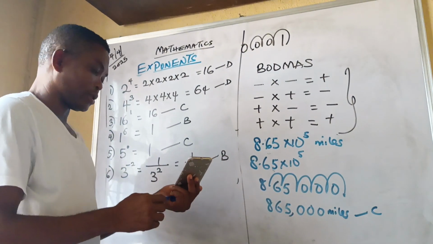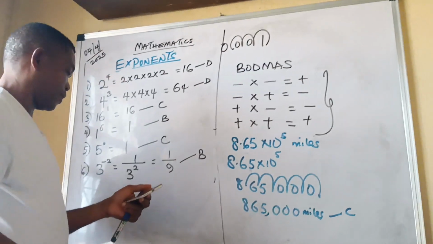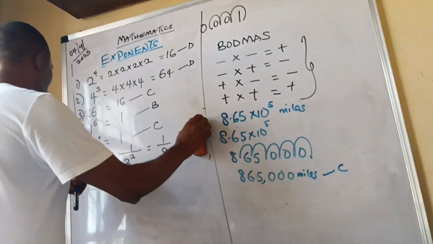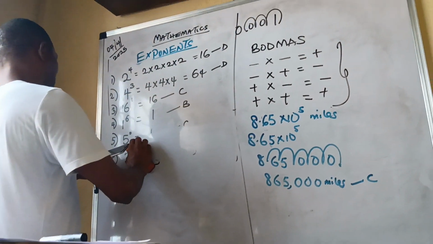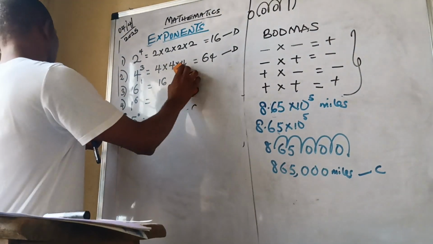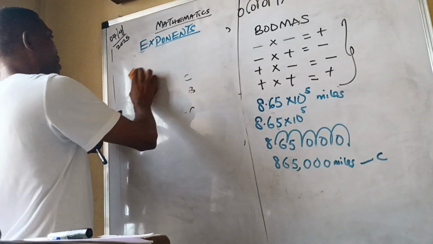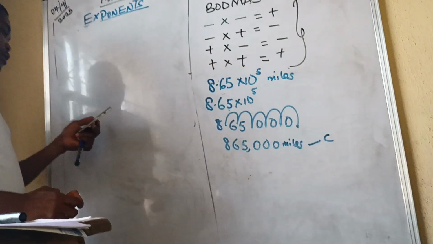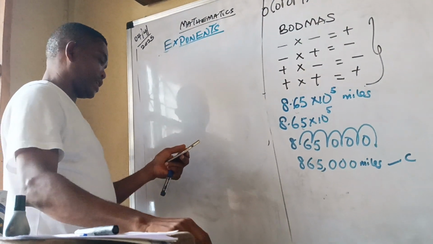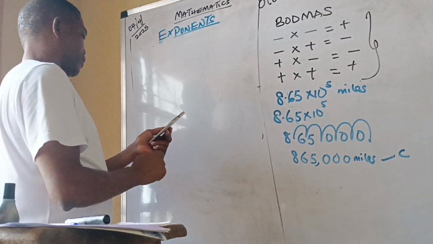Now, the next question is number 8. Number 8, in a very dense fog, a person can see about 0.019 mile. So what is this distance written in scientific notation?